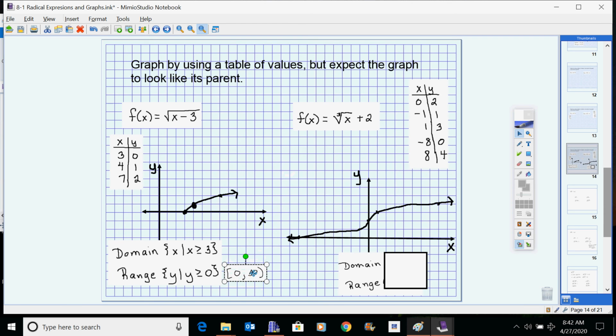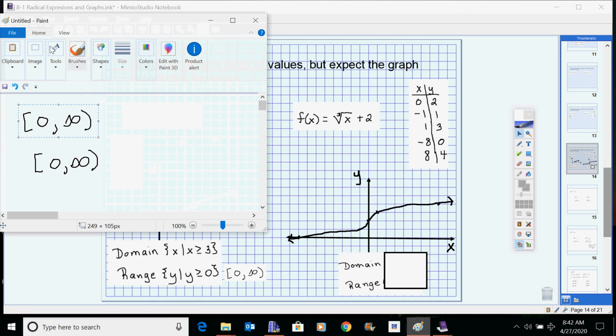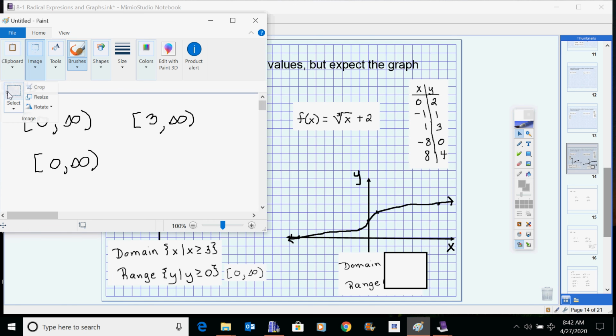So here's our range, 0 to infinity. But our new domain has to be starting at 3 and going to infinity. So we have those things to deal with.